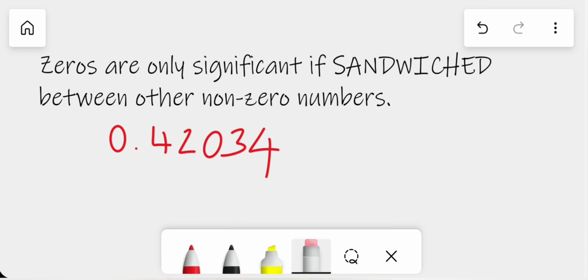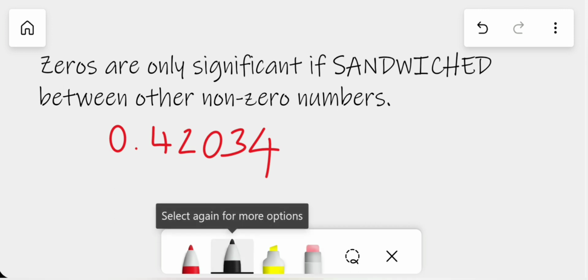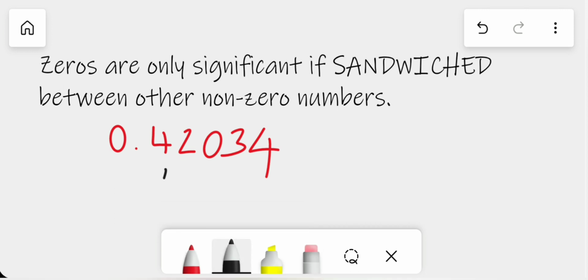So let us count how many significant figures there are. In this case, we have 1, 2. Now this 0 is significant, hence it will be the third one. This will be the fourth, and this will be the fifth significant figure. So this number has 5. Yes, very good. 5 significant figures.